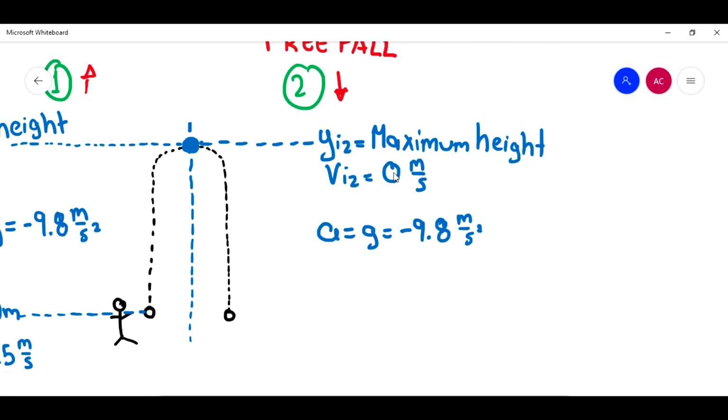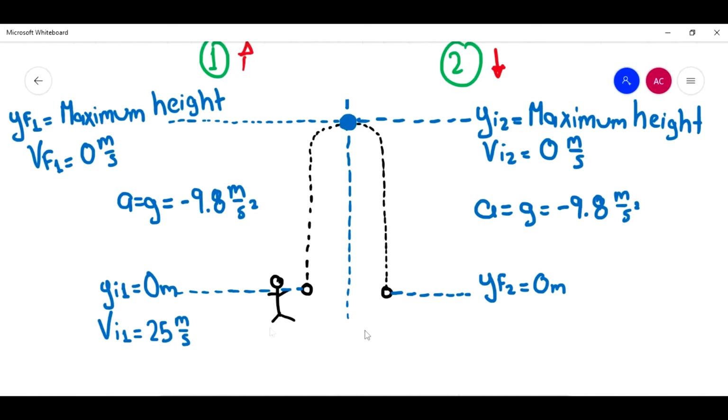So the velocity will become negative. Here is the end of the motion. This will be the final position of segment number 2, and that will be 0 meters. Remember that they are kind of inverted. This is the initial and this is the final.